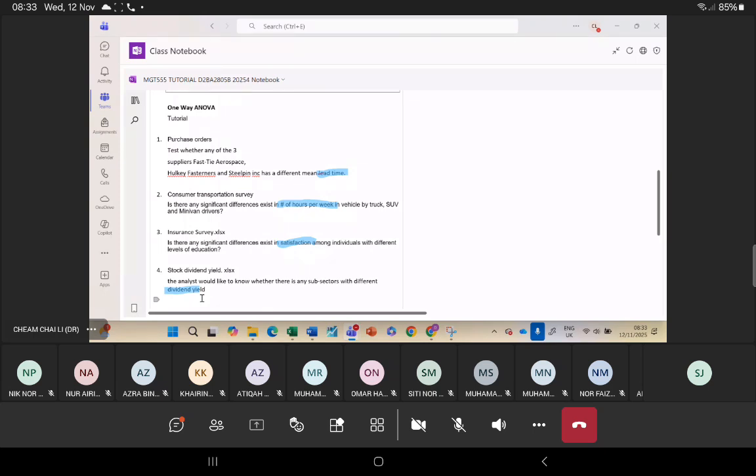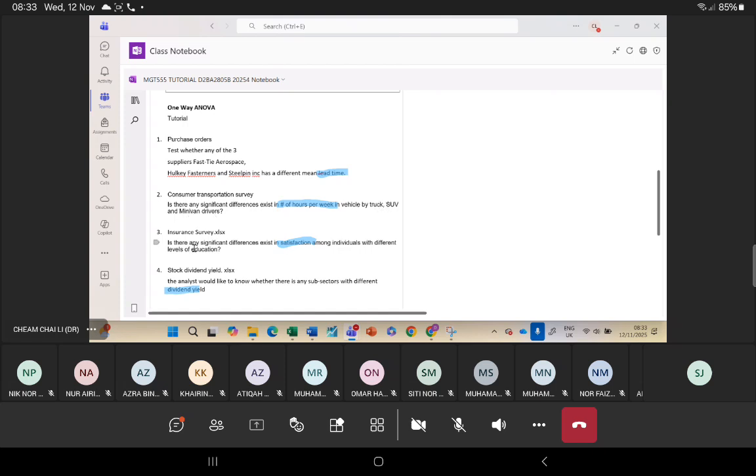So setiap satu ni dia ada dia punya variable atau dia punya factor, right? So dia ada group juga. So group yang kita lihat tadi contohnya kalau yang pertama, aerospace, fastener, steel pin, yang ni adalah group atau elemen.